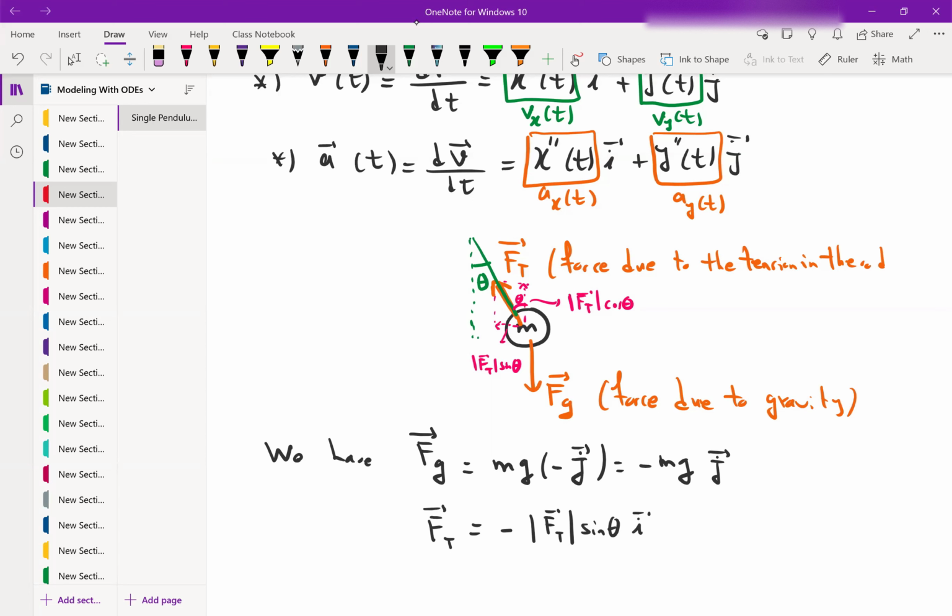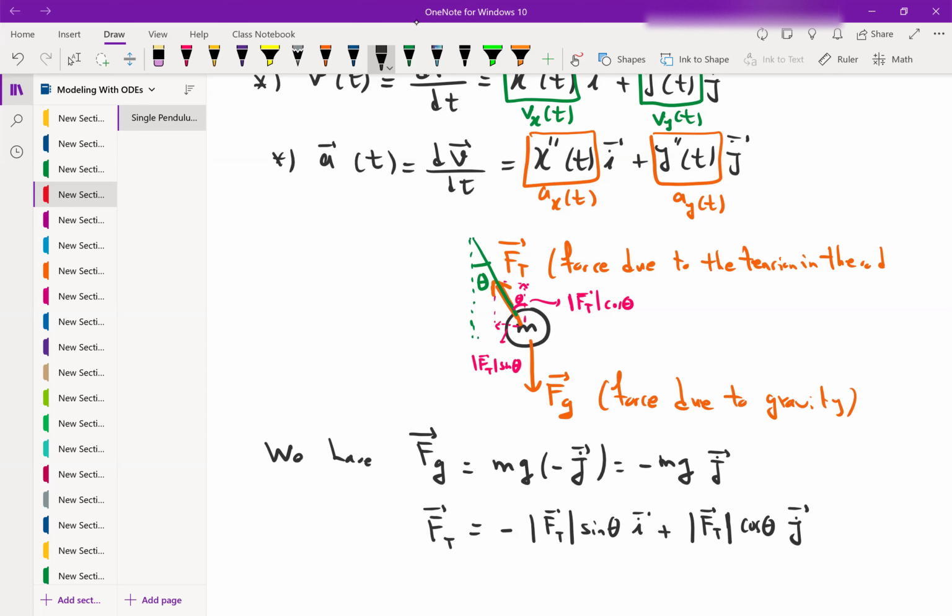It is in the direction of negative i when theta is positive. And you can easily check that this formula also works for the case when theta is negative. When theta is negative, sine theta will be negative, so with the negative sign the whole thing will be positive, which agrees with the fact that in that case the horizontal component points rightward. And then the vertical component is the magnitude of the tension force times cosine theta times j. It is pointing upward in the positive y direction.